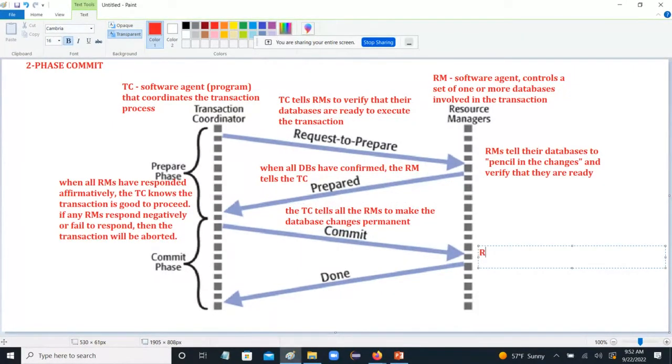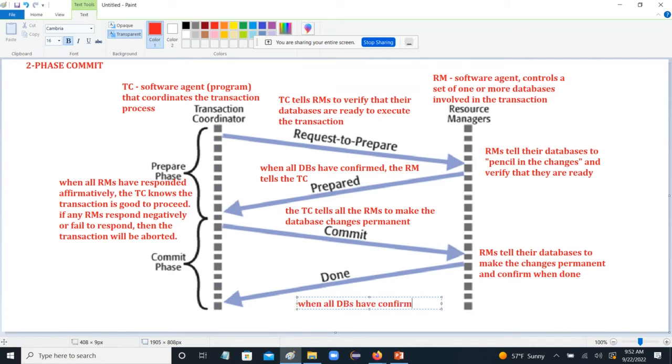Okay, so again, RMs tell their databases to make the changes permanent and confirm when done. Okay, at this point, right, when all databases have confirmed, the RM tells the TC, all our guys are done, changes permanent.